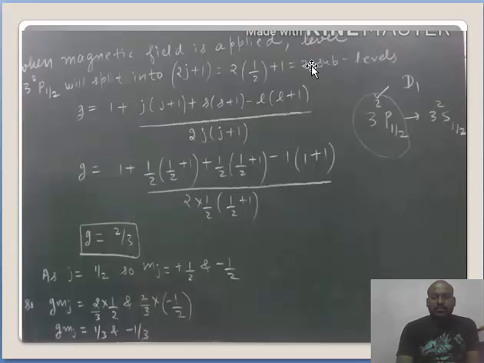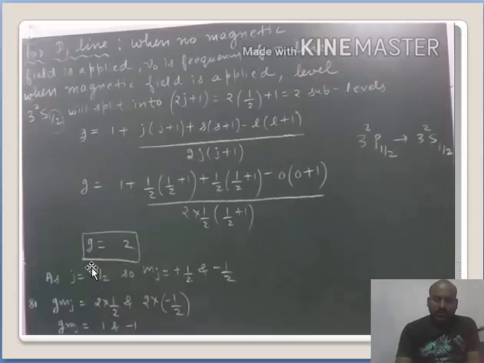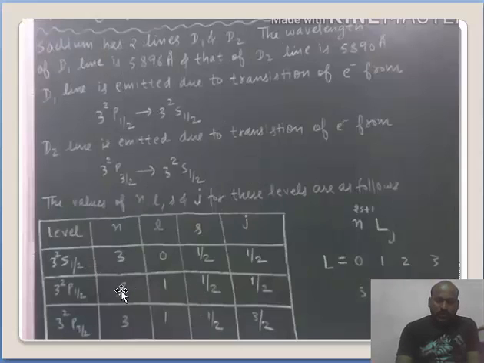How, I will show in the next slide, so you will understand more clearly diagrammatically. So again you are putting the values in this equation, plus 1 by 2, J plus 1 and so on. But for the L value, for P, we already know, here P is there, that is L is equal to 1.